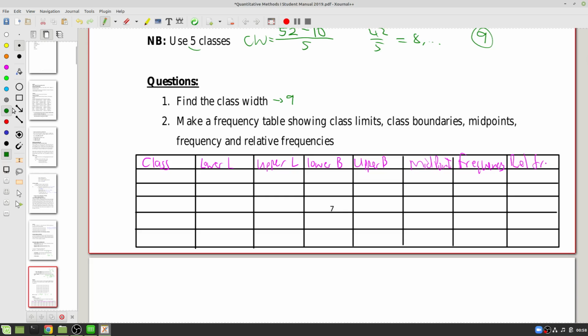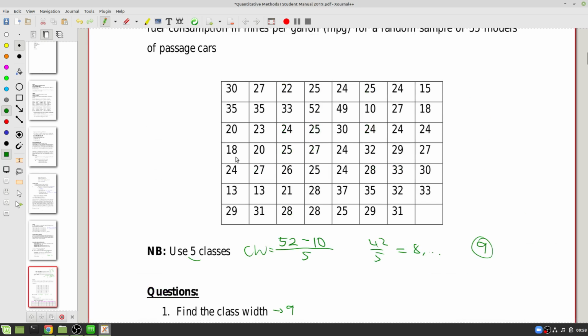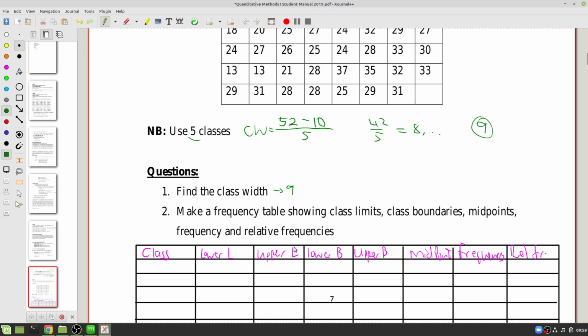Alright, let's start filling in the values. Our first class is going to be from, our smallest value is 10, so it's going to be from 10 to 19. So it's a 9 difference.